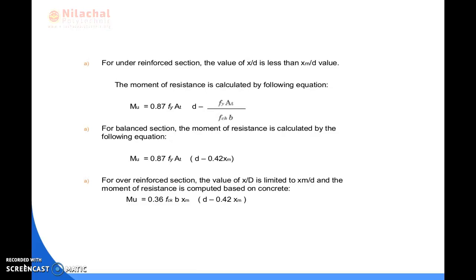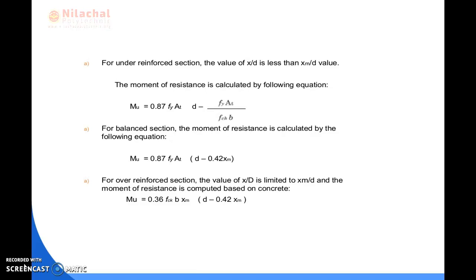For a balanced section, the moment of resistance is calculated by Mu equals 0.87 fy Ast into (d minus 0.42 xm). For an over-reinforced section, the value of x by d, the depth of neutral axis, is limited at xm by d, and the moment of resistance is computed based on concrete.